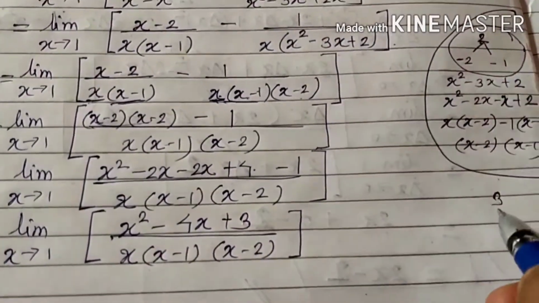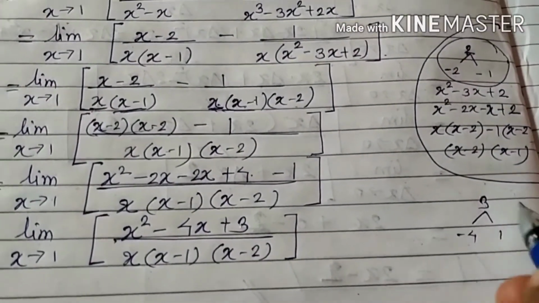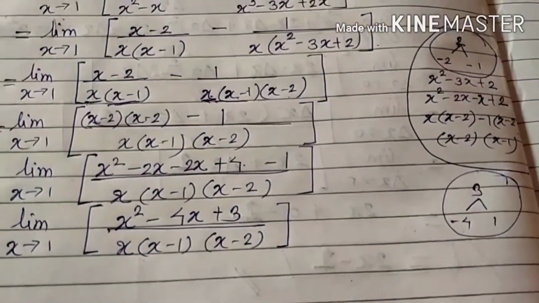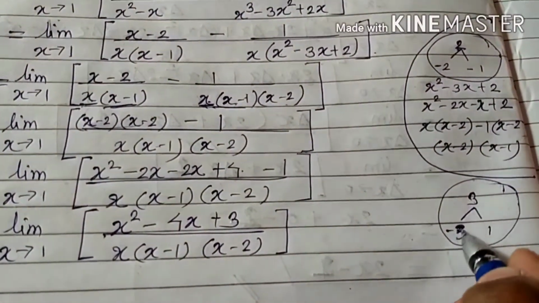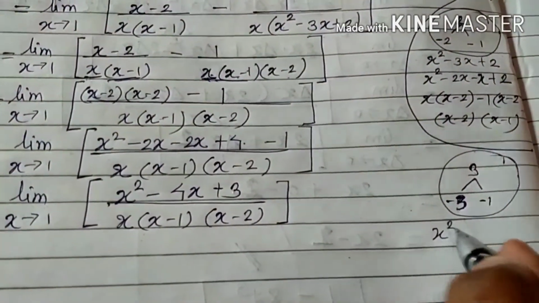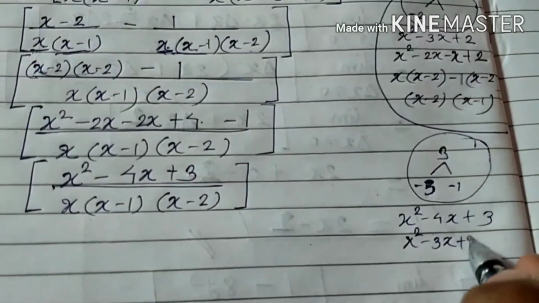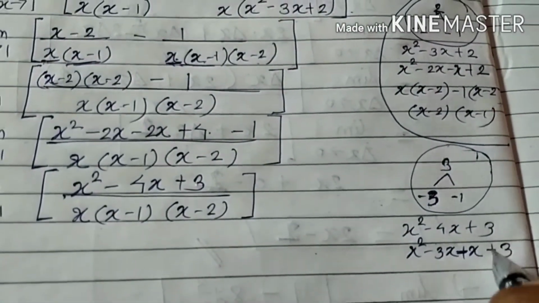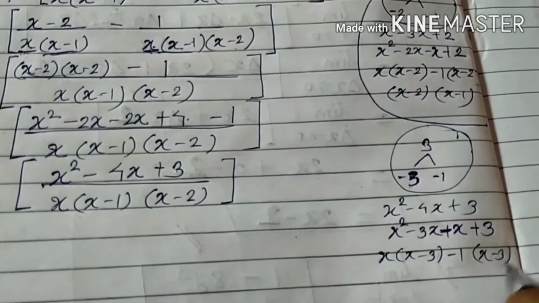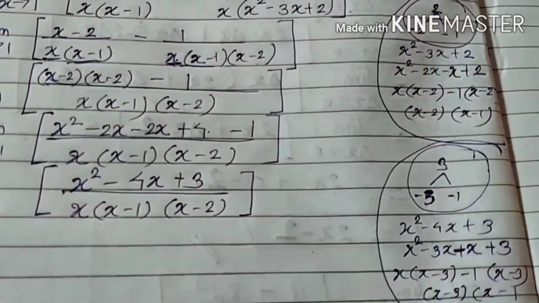Sorry, the factors are minus 3 and minus 1. So x square minus 4x plus 3 is x square minus 3x minus x plus 3. Take x common, x minus 3. When you take minus 1 common, then here x minus 3. So the factor is x minus 3, x minus 1, which means our factor is right.